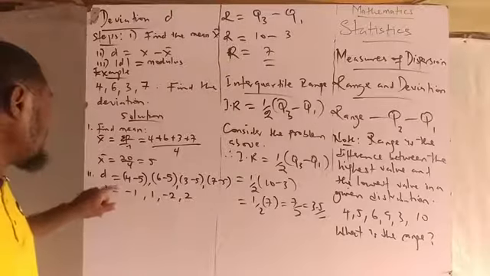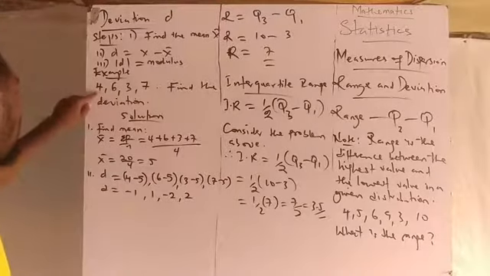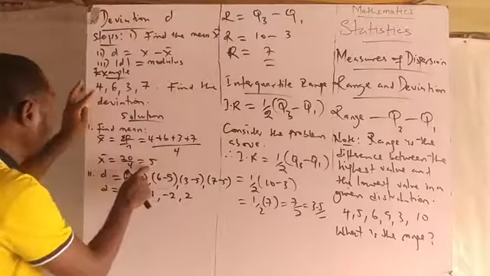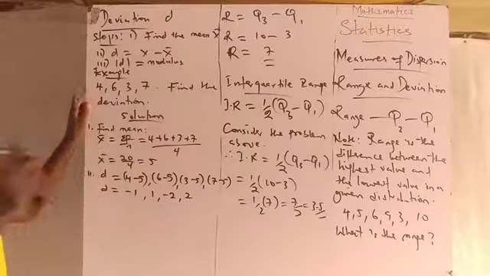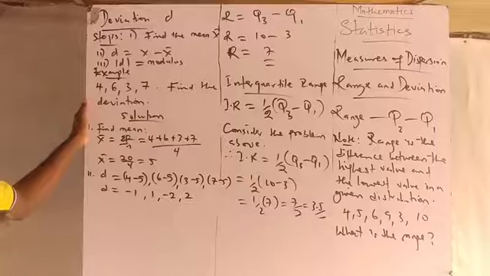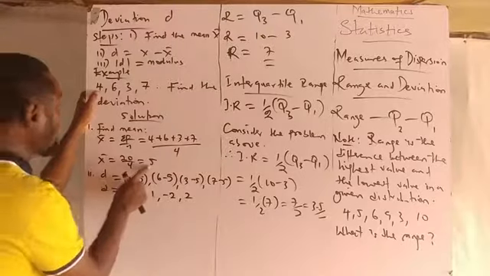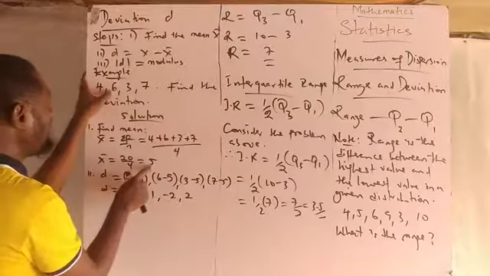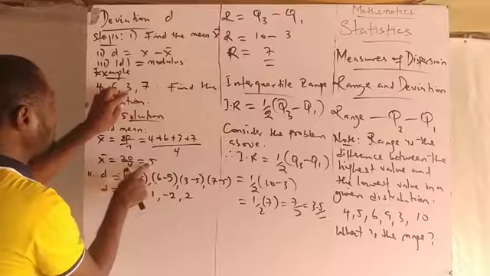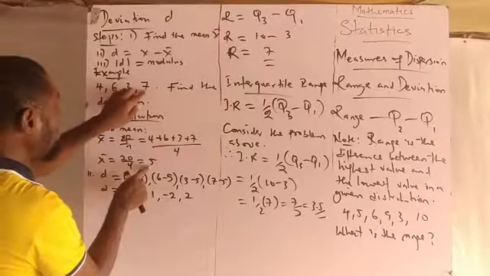And that's what I did right now. The first number in the distribution was 4, and our mean was 5. So I'll be doing 4 take away 5. Not 5 take away 4. Please, not 5 take away 4. The first value here is 4, not 5. So that'll be 4 take away the mean, which is 5. 6 take away the mean, which is 5. 3 take away the mean, which is 5. And 7 take away the mean, which is still 5.